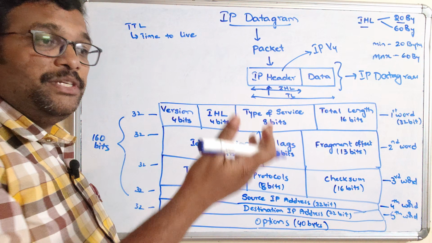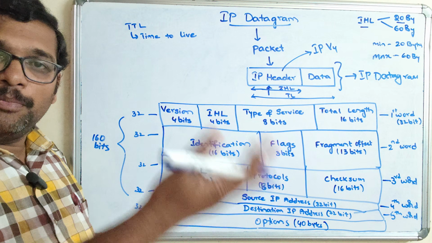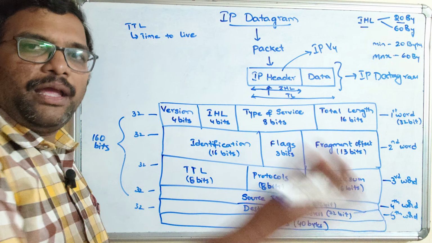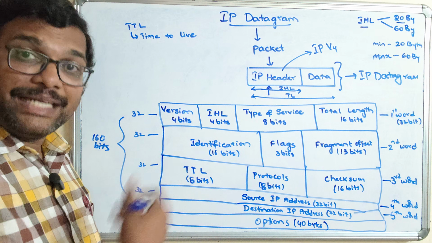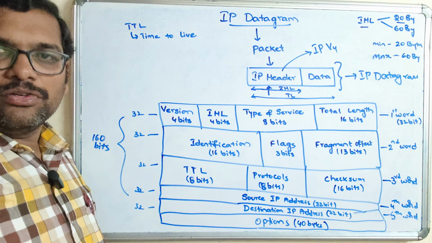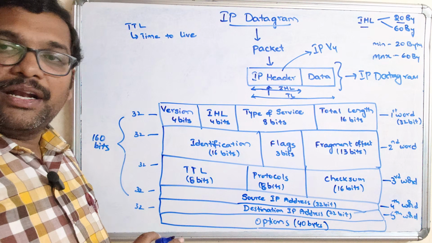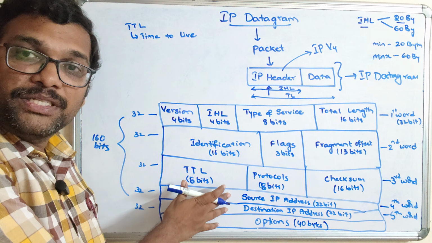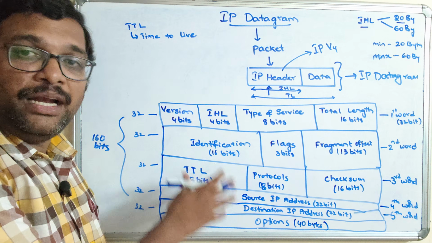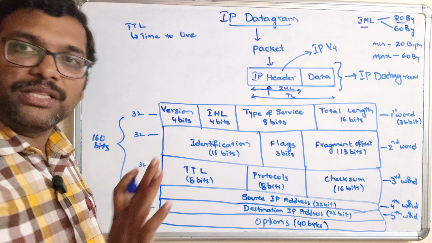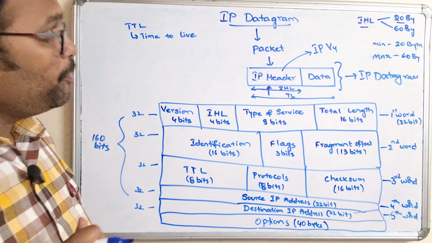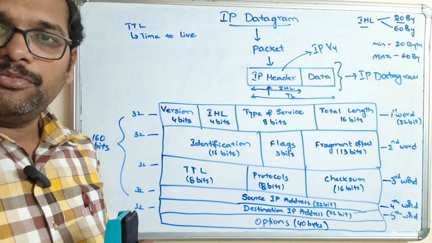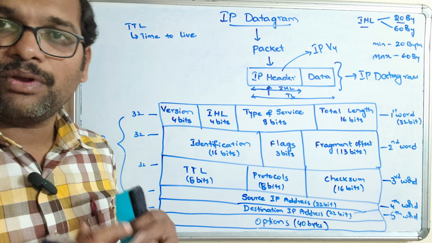Once the packet has been sent, in order to perform mutual communication, the sender will receive some data from the receiver also. So the source IP address is also mandatory. For every packet, these two things are compulsory, the source IP address and destination IP address, and the options are optional, right?